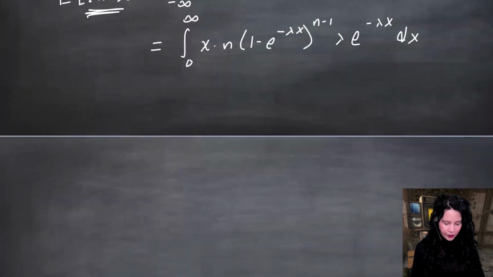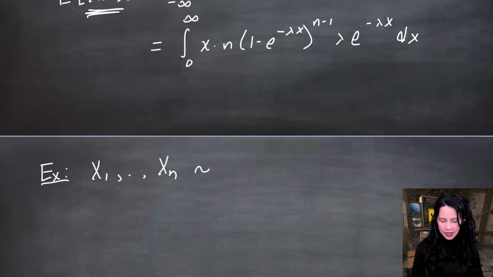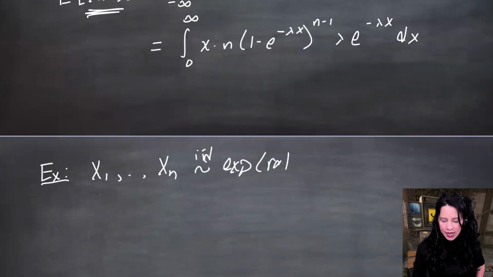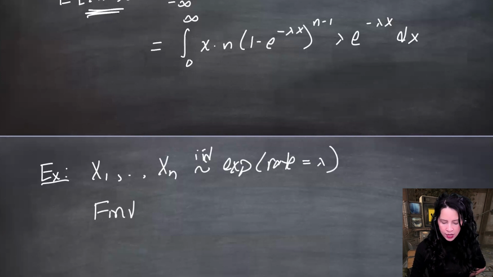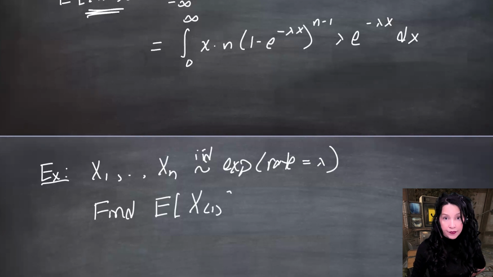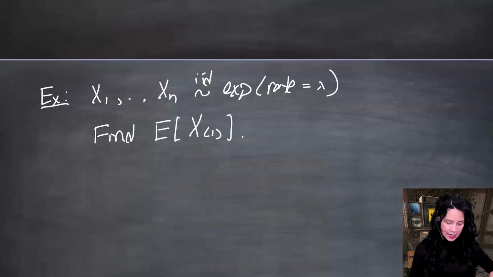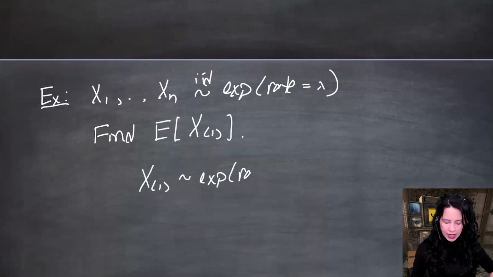What if, just real quick, we have X1 through Xn, IID, exponential with rate lambda, and we want to know the expectation of the minimum? We could say that we know the minimum is exponential with rate n lambda.